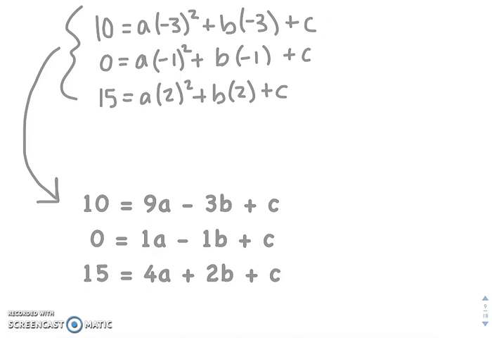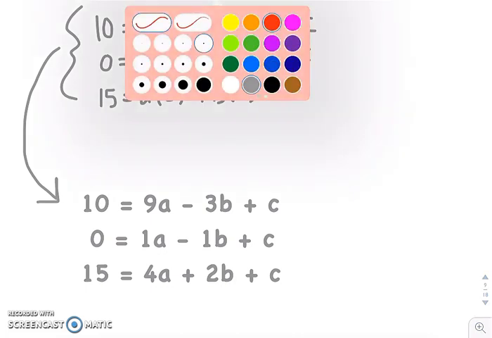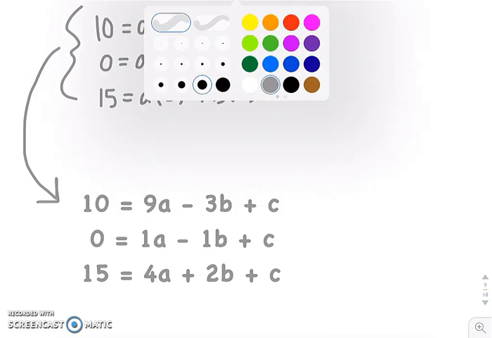So usually, as a rule, it's always easiest to just eliminate the c, because the c is always going to be by itself because it's not being multiplied by any number.